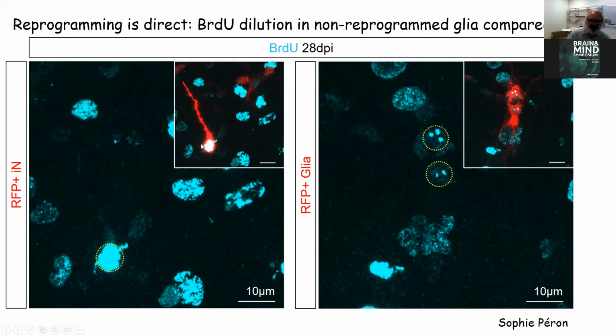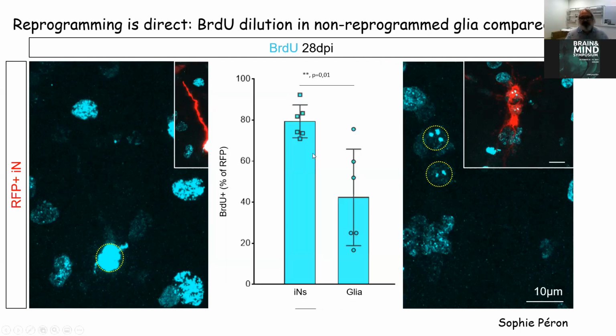That is consistent with the idea that while you convert, cells are exiting or being kicked out of the cell cycle, while the cells that fail to reprogram continue at this stage to undergo some rounds of cell division, and this results in a dilution of BrdU, as cells incorporated the BrdU but then lose it with several rounds of cell division.